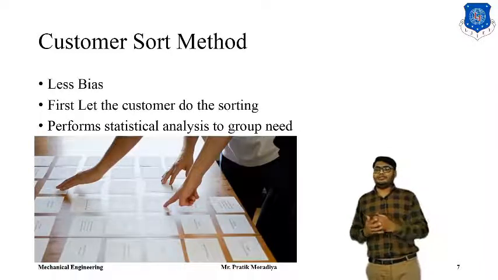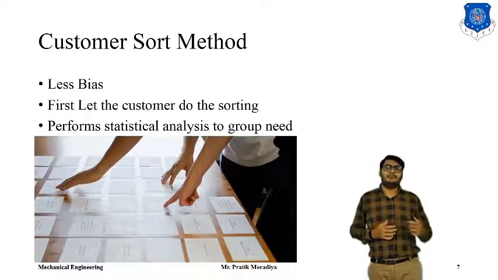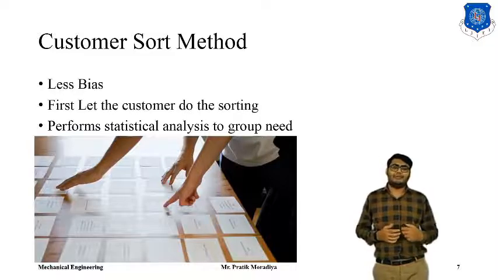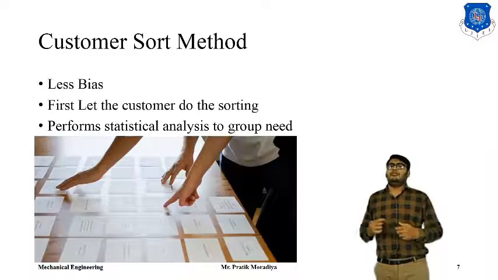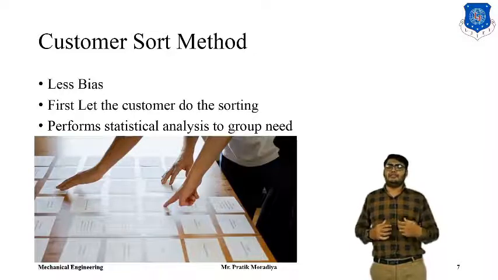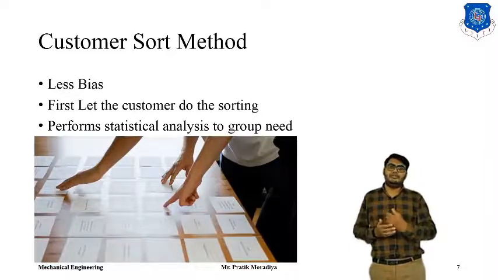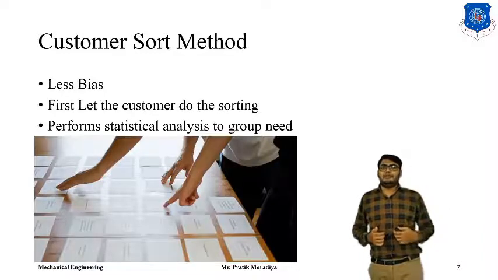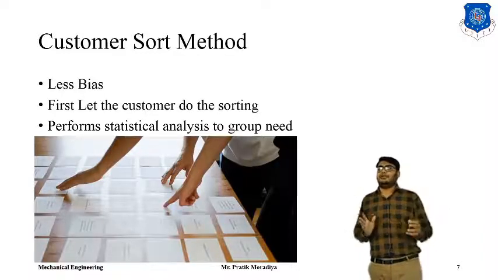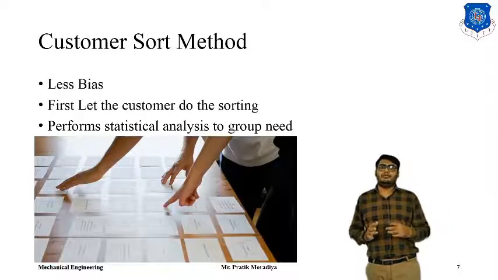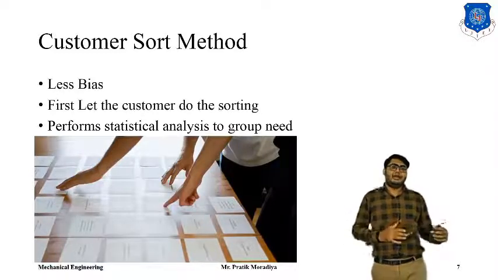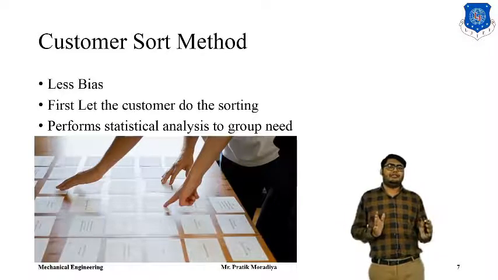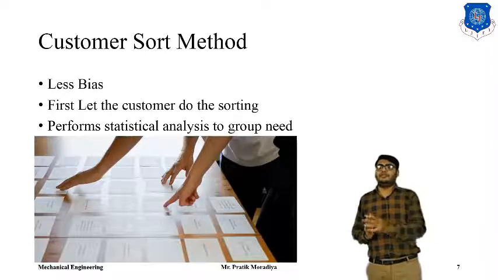Why? Because customers are not experts in design or product development, we also need some extra features to refine these needs that we have sorted. So what we do is we ask 10 customers to sort the needs. All those 10 will sort the needs separately, and they will have some groups of the needs according to the different customers.